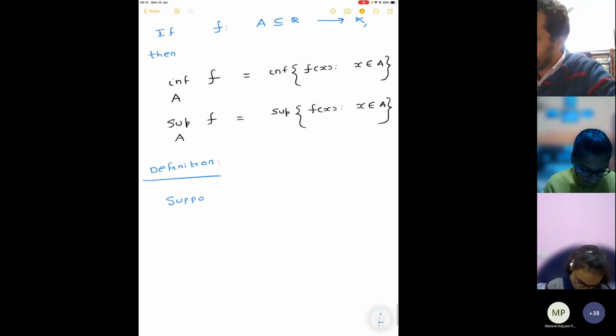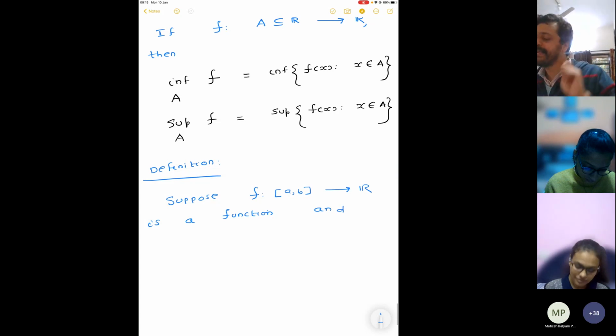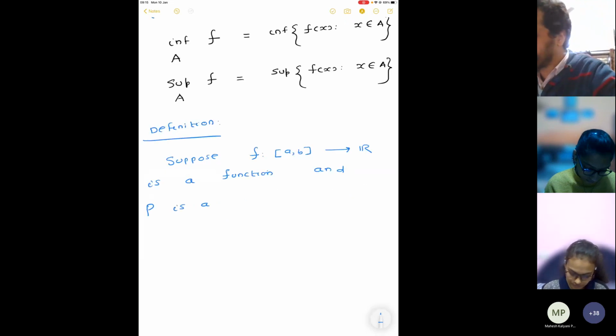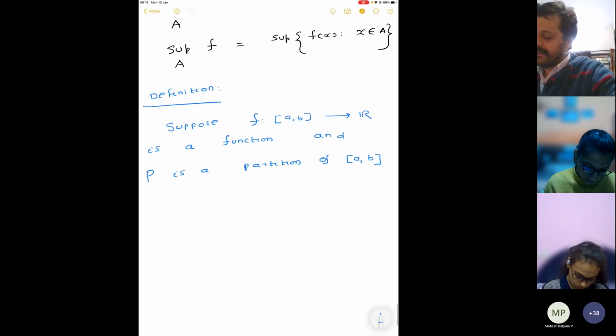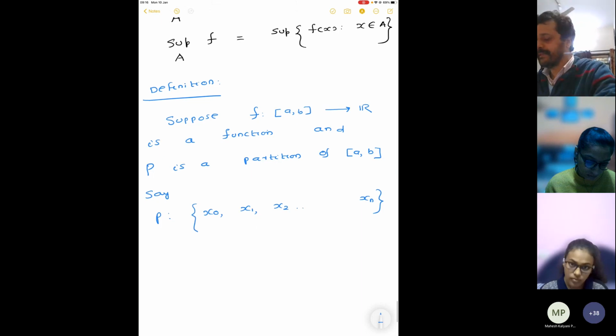Suppose f from AB to R is a function and P is a partition of AB. What is a partition? I already told you. That is a finite list of elements. Say P is x0, x1, x2, and so on, xn. This is the partition I am fixing.